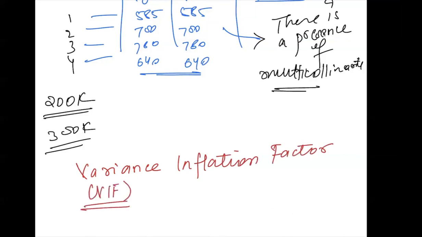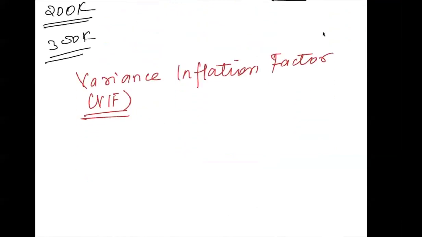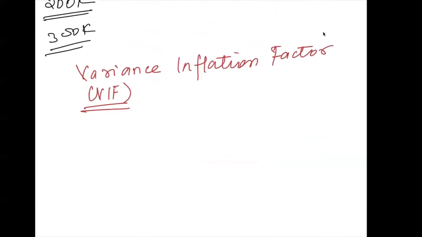What this VIF indicates is whether there are any correlated variables present in your data set or not. The VIF takes the value from 1 to infinity.